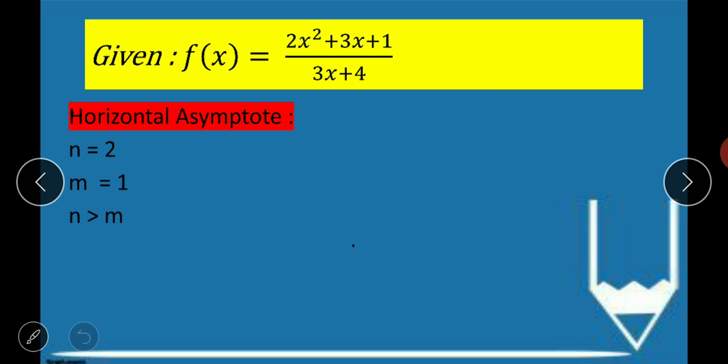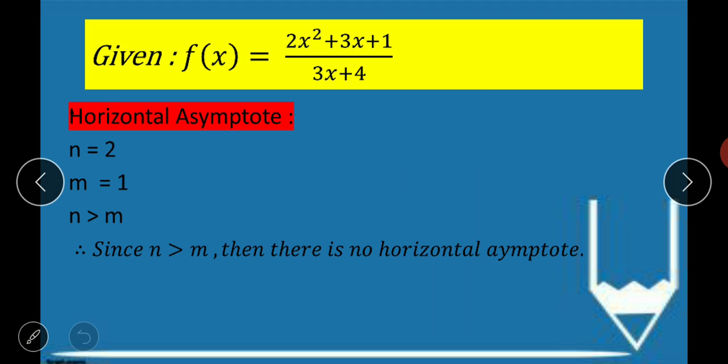Since n is greater than m, which of the three conditions applies: y equals a over b, y is 0, or no horizontal asymptote? Okay, correct. There is no horizontal asymptote because, again, n is greater than m.